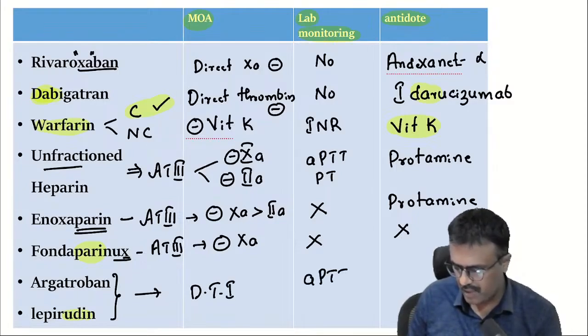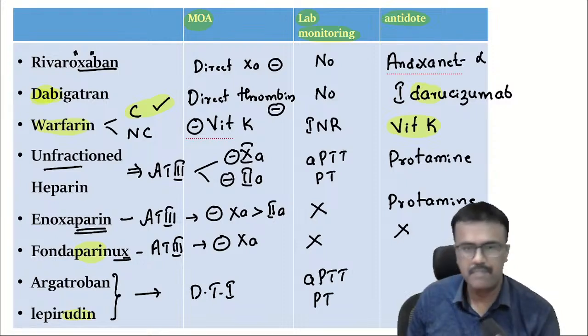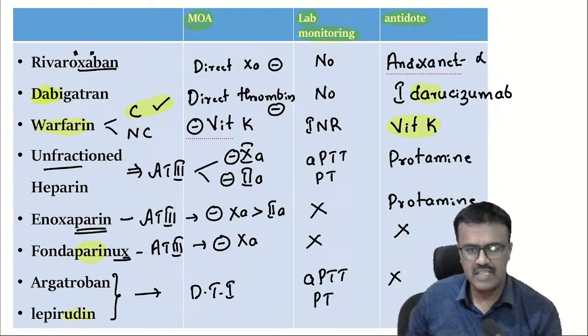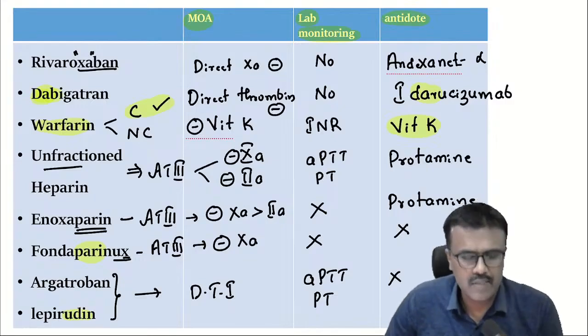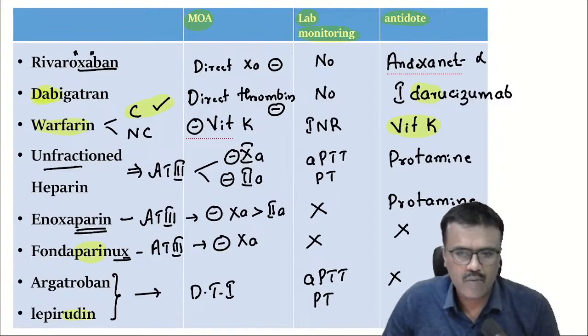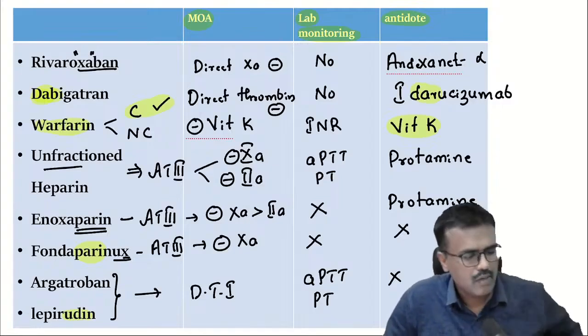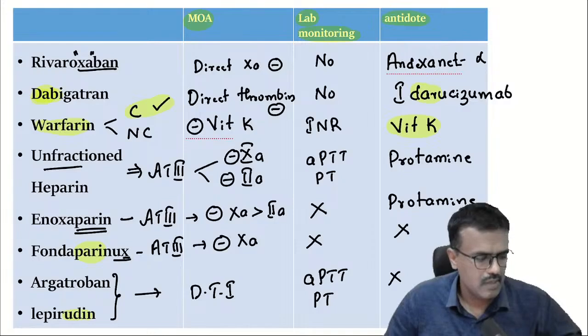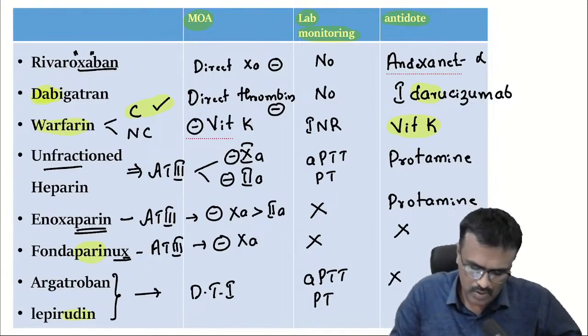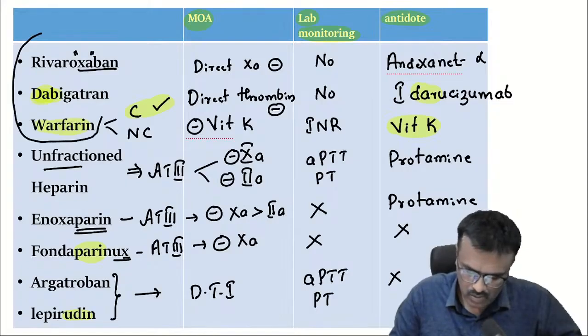Yes, APTT as well as PT, and they don't have an antidote. So in this table, you can understand the mechanism of action, what requires lab monitoring and what is the antidote, everything you can know from this. Right? That is the anticoagulants. But you can observe the first three are all oral drugs.